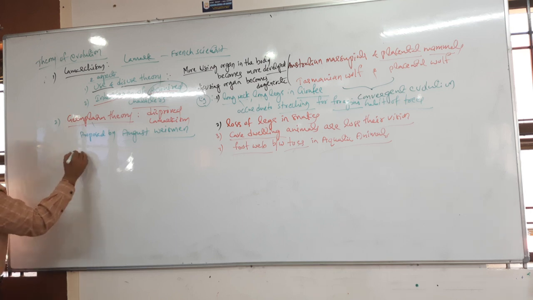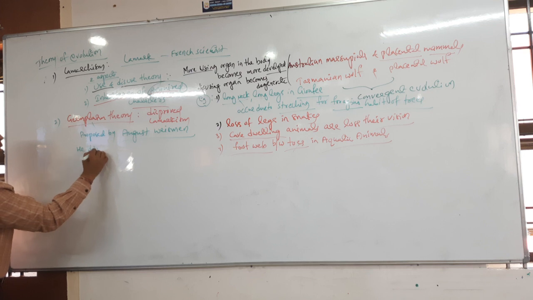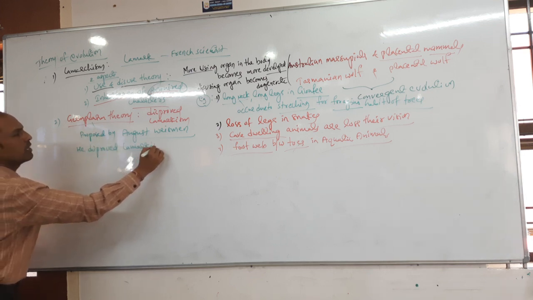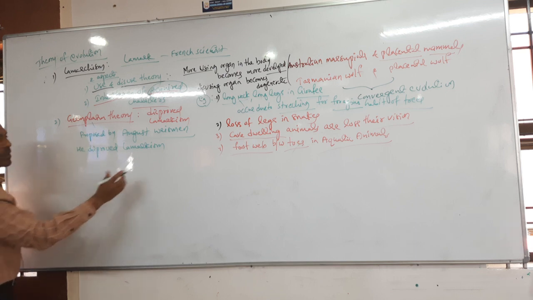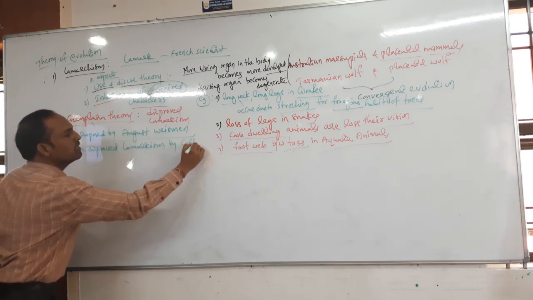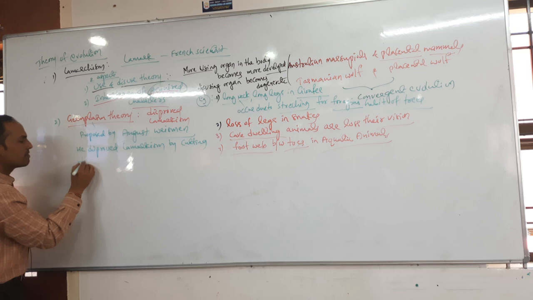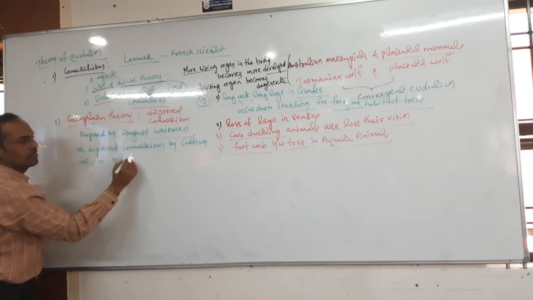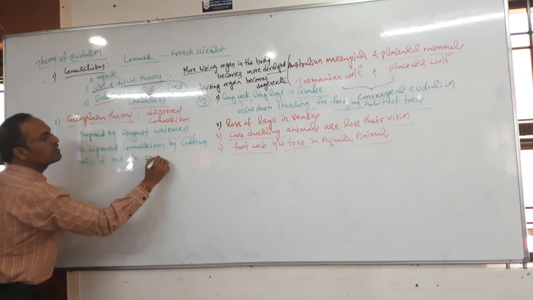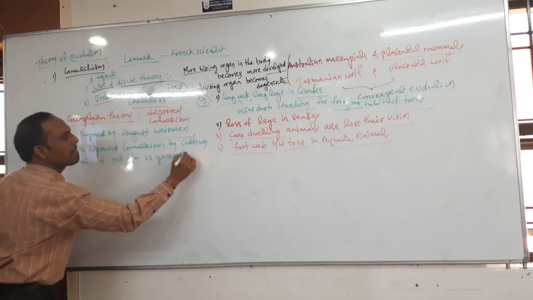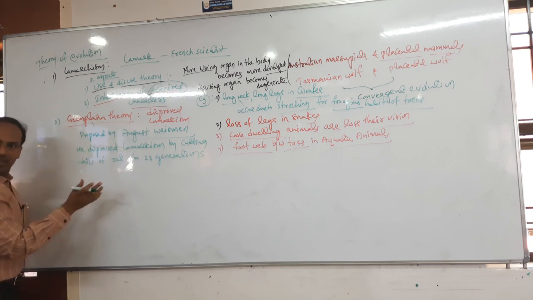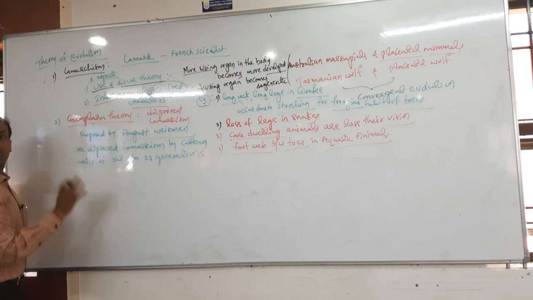He disproved Lamarckism by cutting the tails of rats for 23 generations. His work was cutting the tail.